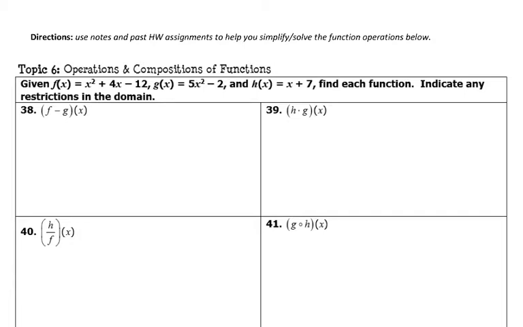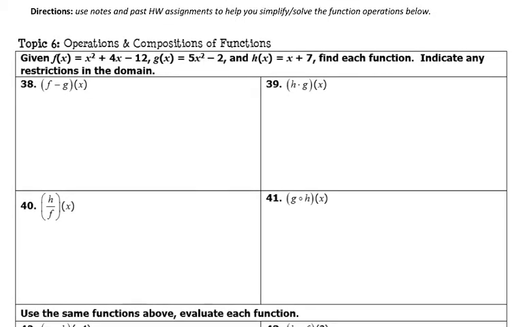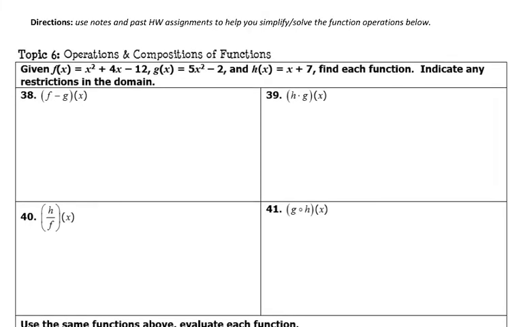All right, next we're going to go into operations and compositions of functions. We only have a few more left to go. So we have f minus g, so f of x minus g of x. What is f of x? f of x is, I'm going to write this out, x squared plus, and I am putting it in parentheses here, minus 12, and it's minus g of x, which is right here, 5x squared minus 2.